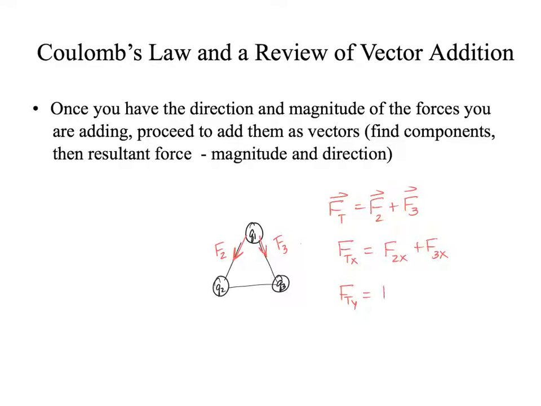I will find the y component of each vector and add them together. And then find the magnitude using the Pythagorean theorem. And finally, I would find the angle that the total vector would point at using the inverse tangent.